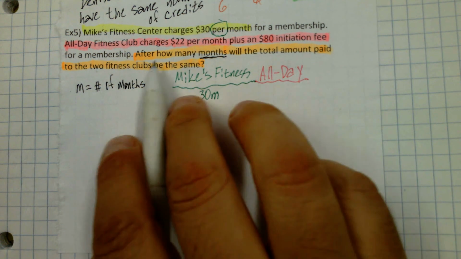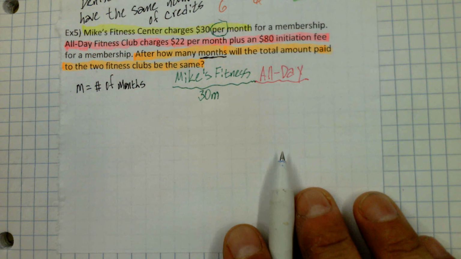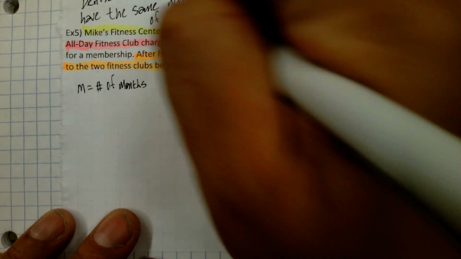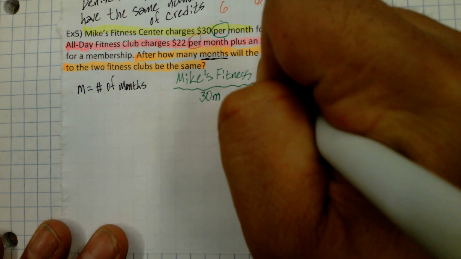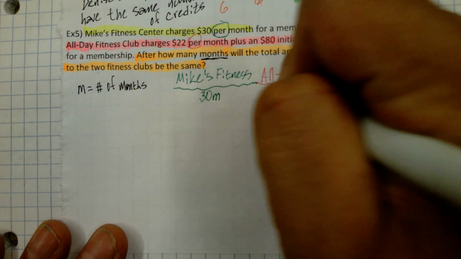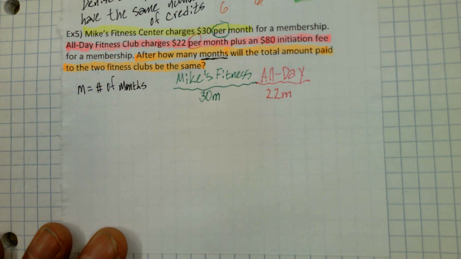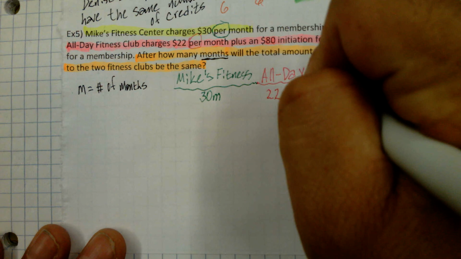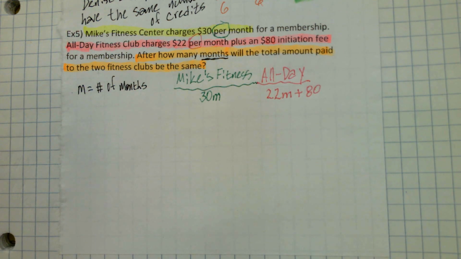So they're charging $22 per month plus the $80. So what would we do with $22 per month? That would be 22 times M. But that's not all they charge. They also hooked you in with $80 at the start. And we want them to be the same.